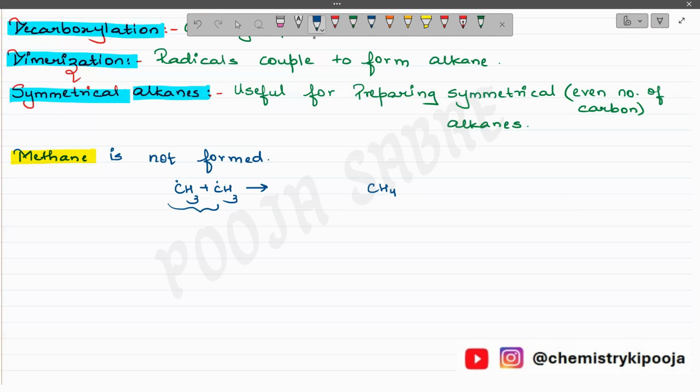So if I have one methyl, there should be one more methyl group, and then there will be coupling. So I cannot prepare CH4. Remember, I cannot prepare CH4 through this process. Of course, there are other processes wherein I can prepare methane, but through this process, I cannot.